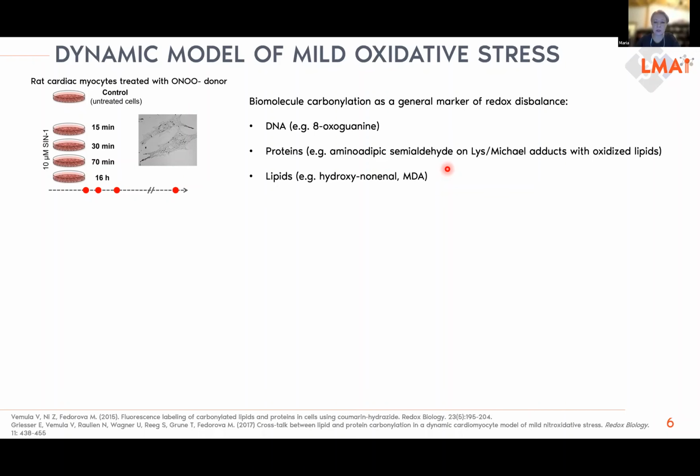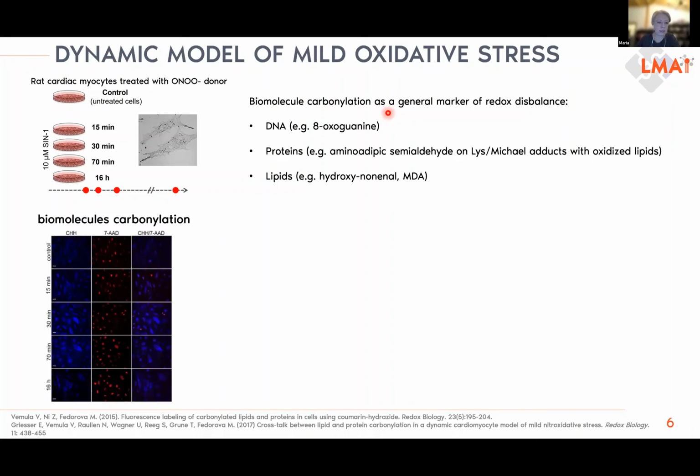In order to follow this carbonylation as a total event, we used a staining which we developed in my group using coumarin hydrazide. I will say a few words about that later. This is a dye which can covalently react with carbonylated moieties. On the other side, it's very nice for microscopy visualization because it's cell permeable and we don't need any intensive pretreatment.